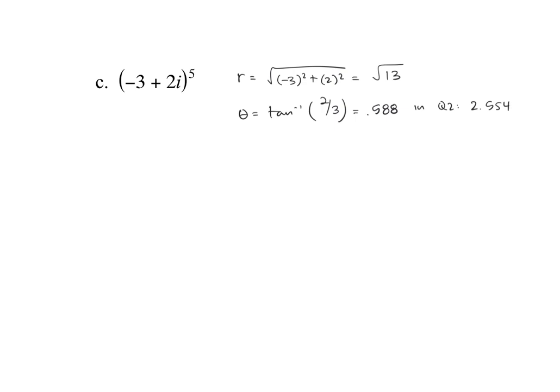So the polar form of this complex number is square root of 13 times the cosine plus i sine of 2.554 radians.